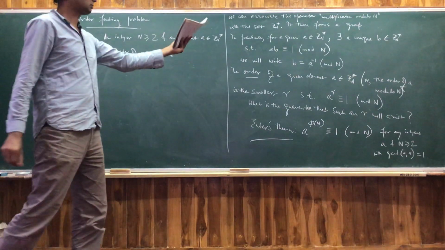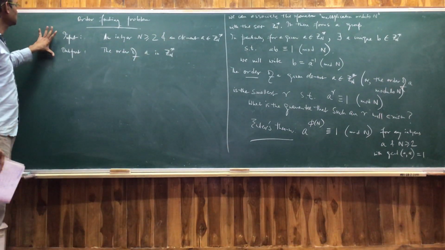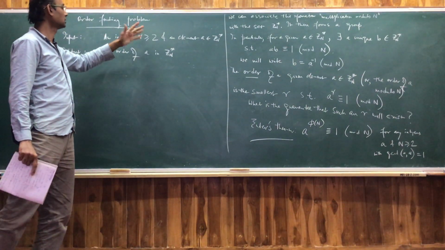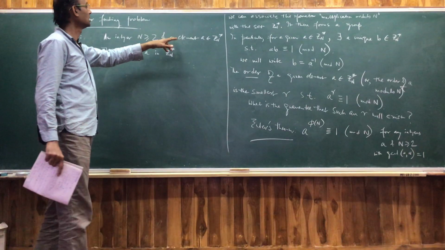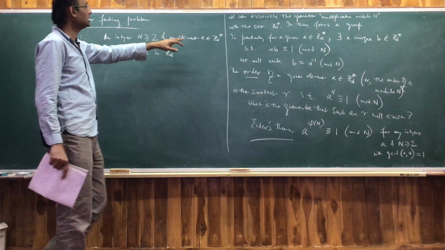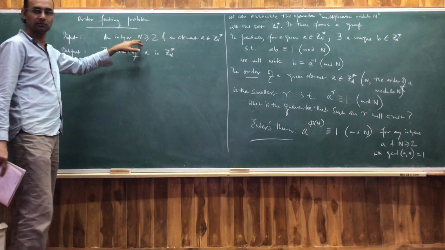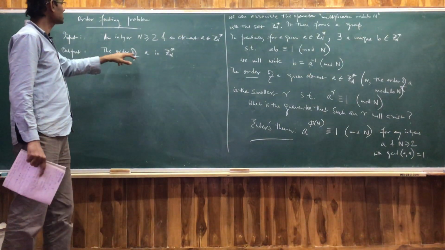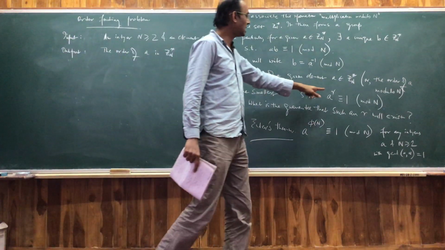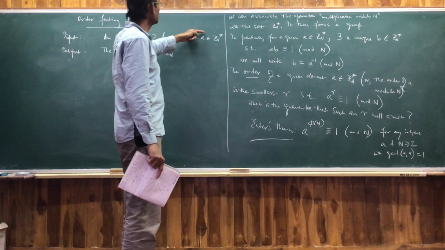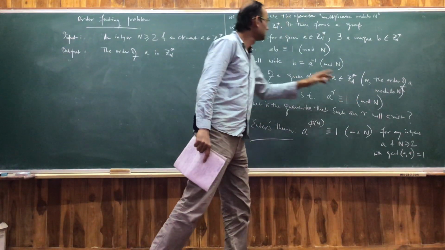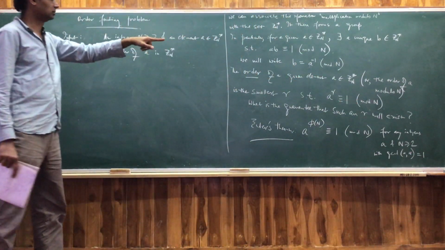In the input we give any integer 2 or above and an element A that is co-prime with n. Then we are supposed to find the smallest r such that the power of A, multiplied modulo n, gives you the identity 1.